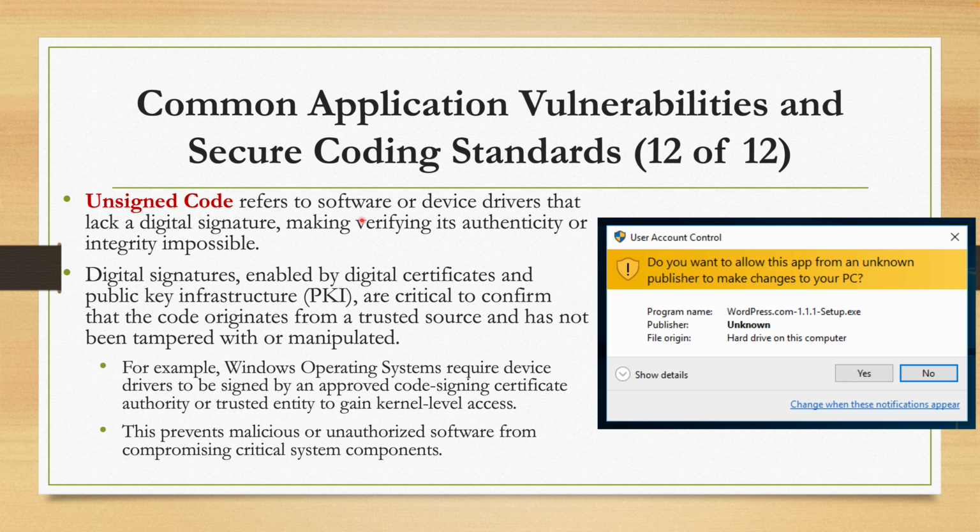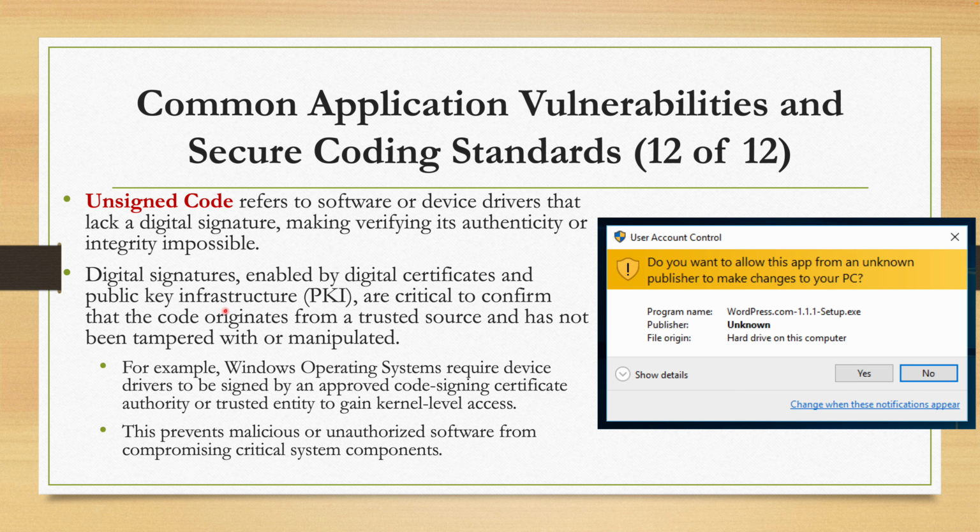Unsigned code refers to software or device drivers that lack a digital signature, let's say, by Microsoft, making verifying its authenticity or integrity impossible. Digital signatures are enabled by digital certificates and public key infrastructure, PKI.